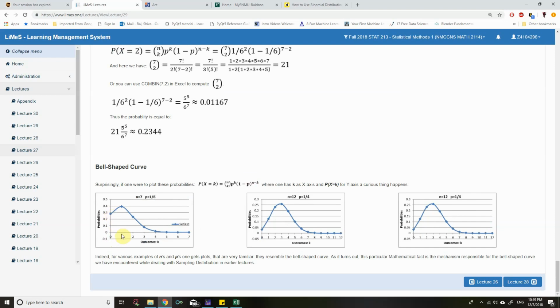The probability of getting 1 success is nearly 0.4, 2 successes 0.2344, 3 nearly 0.1, and so on.